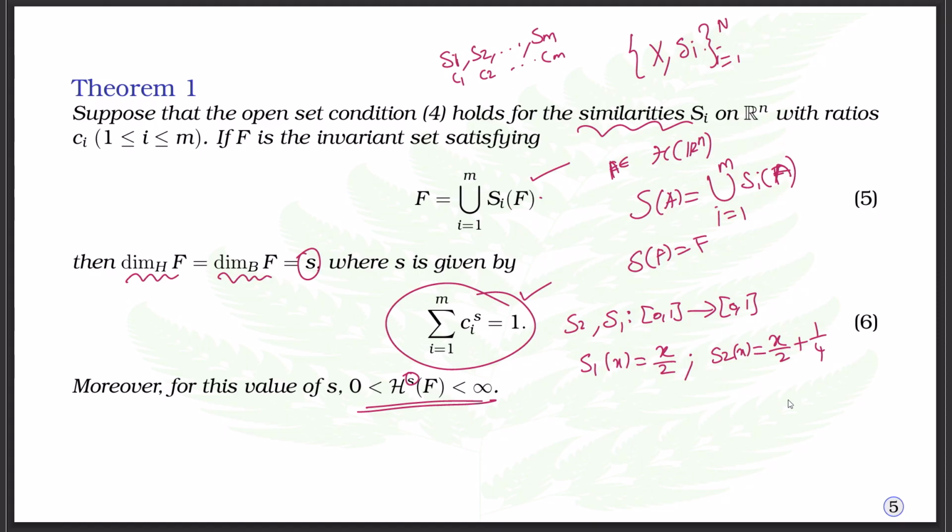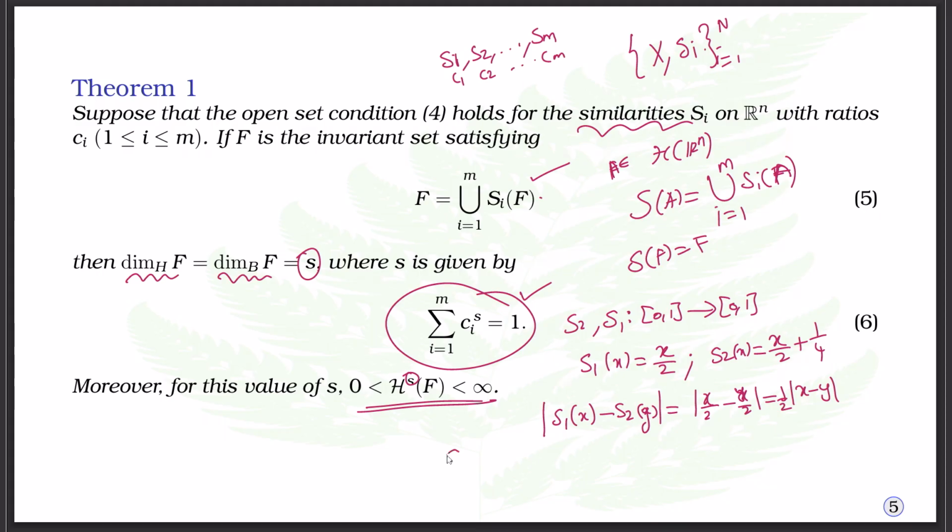One can verify both are similarity mappings. How? If you find S1 of x minus S1 of y, one can get x by 2 minus y by 2, which is equal to x minus y with the factor 1 by 2.